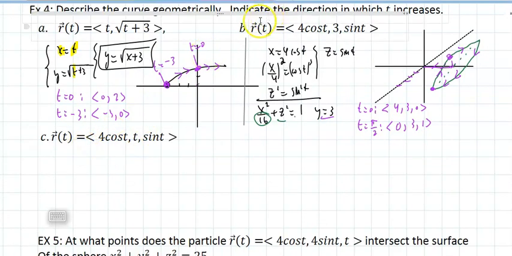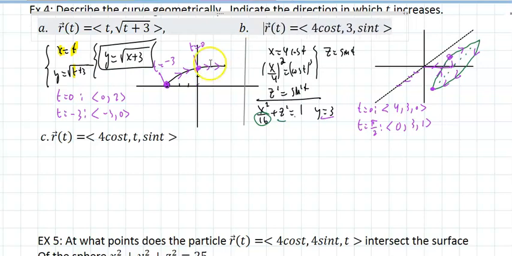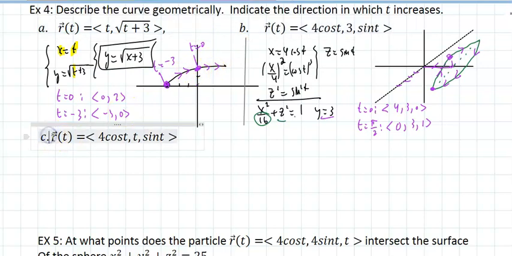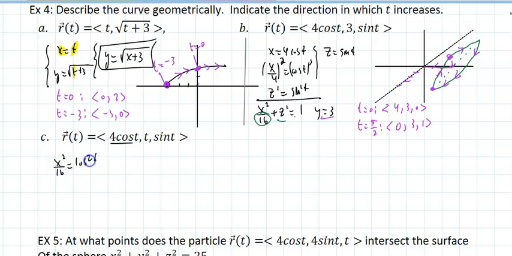But what I notice is that in this case, y is not fixed. So that's still going to say x squared over 16 equal the cosine squared of t. z squared is going to equal sine squared of t. This is still saying x squared over 16 plus z squared equal 1, but y equals t.